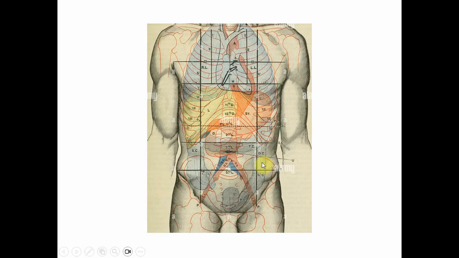As you can see in this image, the major part is present in the epigastric region, while some part of fundus and the body is present at the left hypochondriac region, while the pylorus, antrum and some part of body and fundus are also present at the epigastric region.